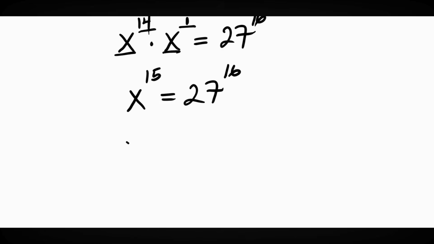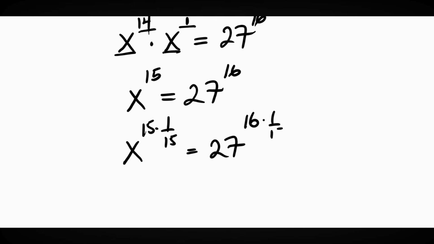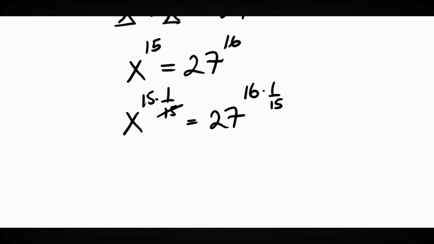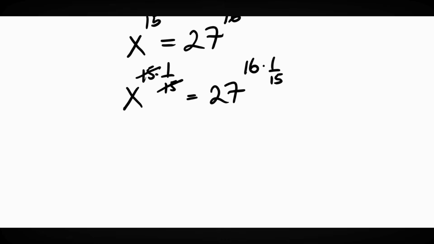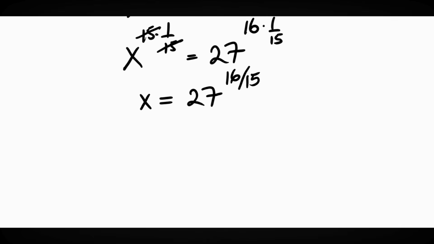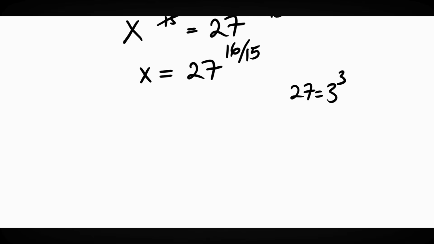So left hand side becomes x raised to power 15 times 1 over 15. And what we do to the left hand side, we also do to the right hand side. So they cancel out. So what we have is x equals 27 raised to power 16 divided by 15. Now we know that 27 is the same thing as 3 raised to power 3.